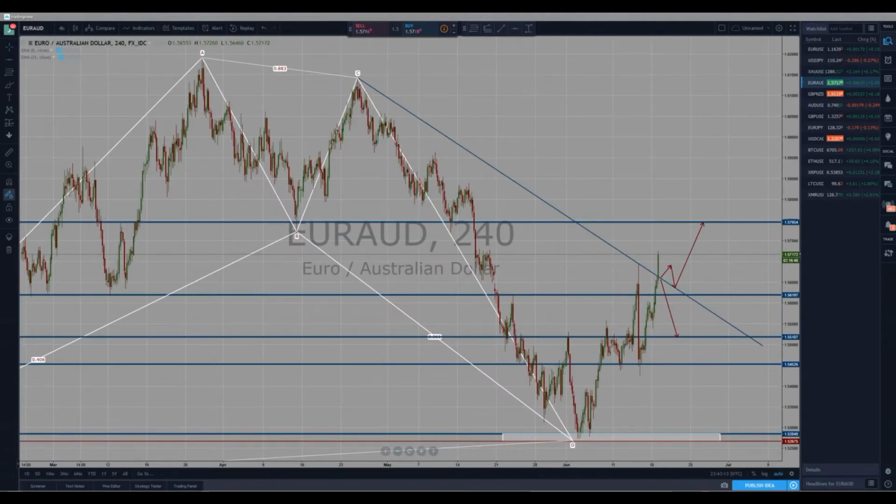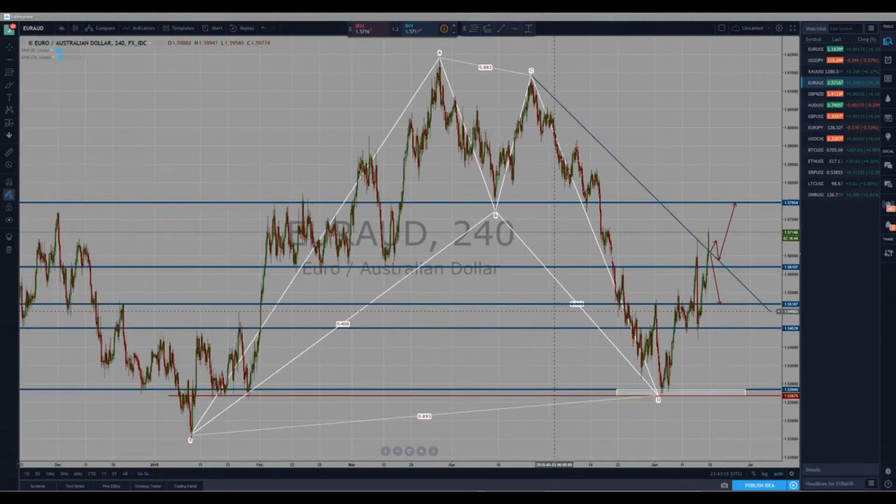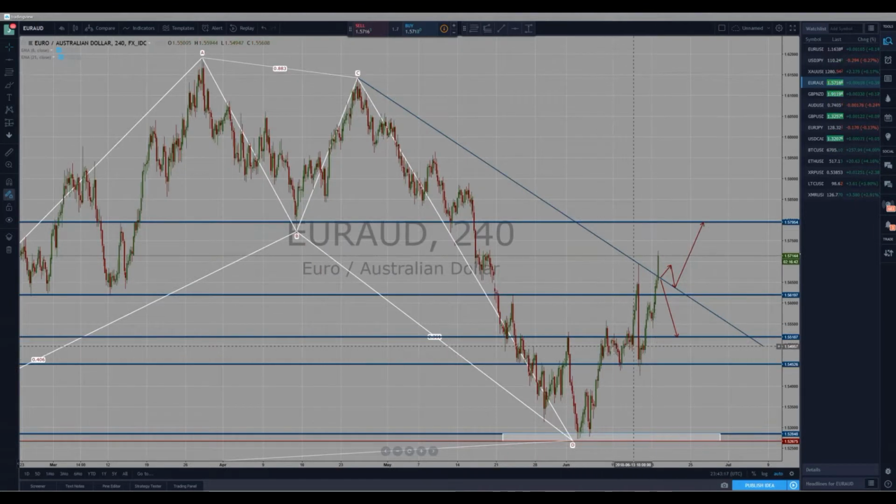Looking at EUR AUD, we can see the bat pattern that completed at the end of not last week, but the week before last. As of right now, I just drew this chart out, and we can already see that this trend line has been broken. So now we'll be looking for a retest of this trend line, potentially.